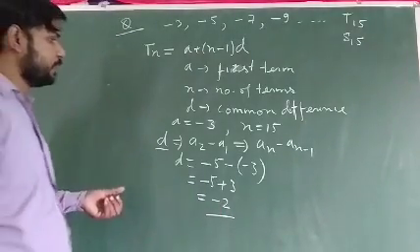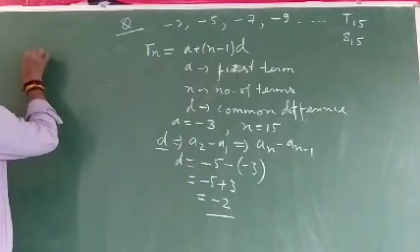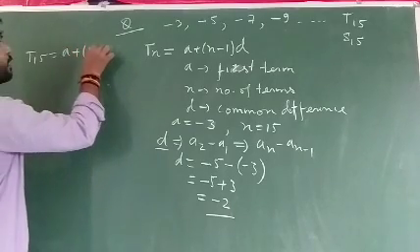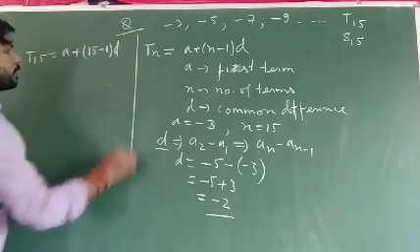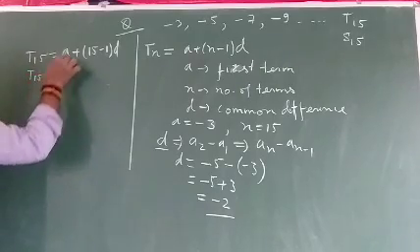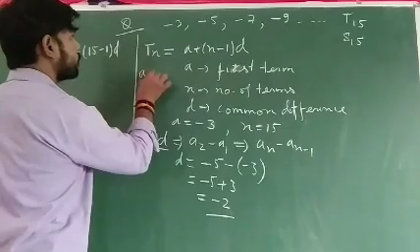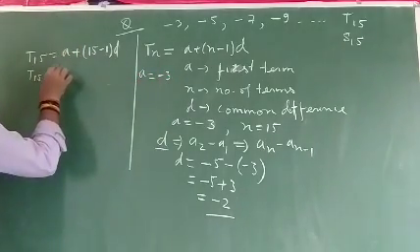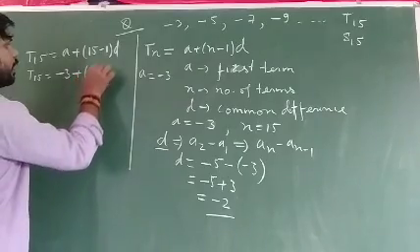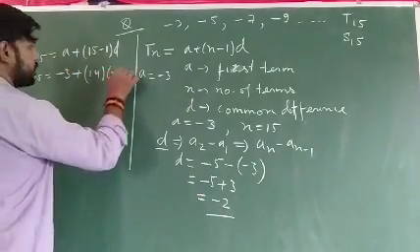To find the 15th term, we need T15, which means a plus 15 minus 1 into d. For this T15 we put the value of a, which is -3, plus 15 minus 1 which is 14, and the value of d we have calculated is -2.